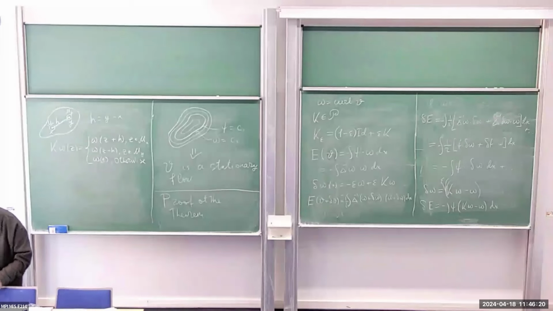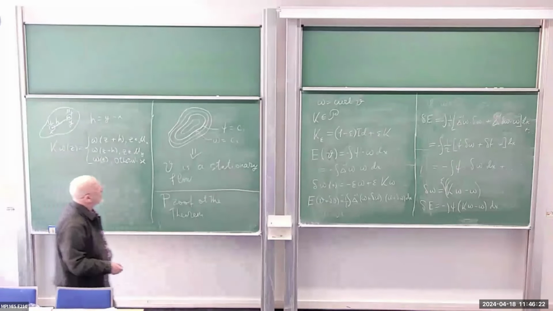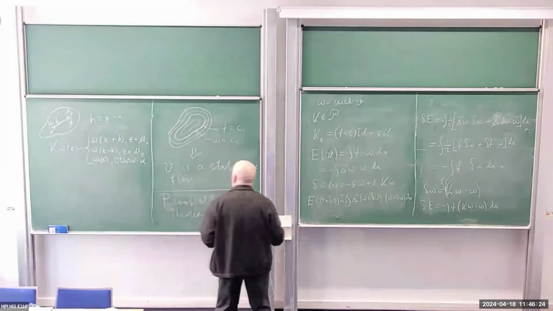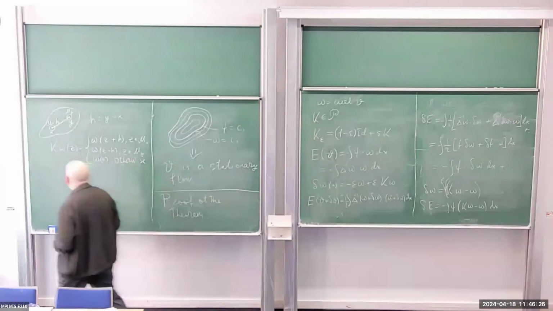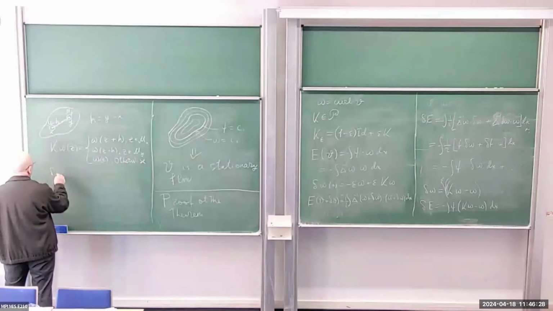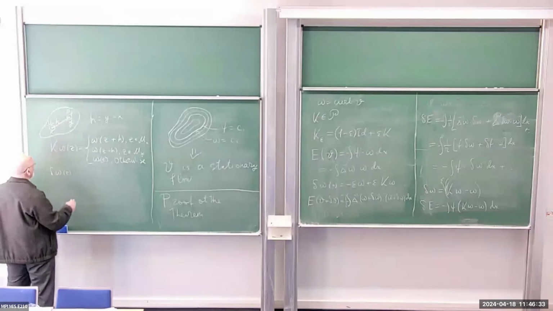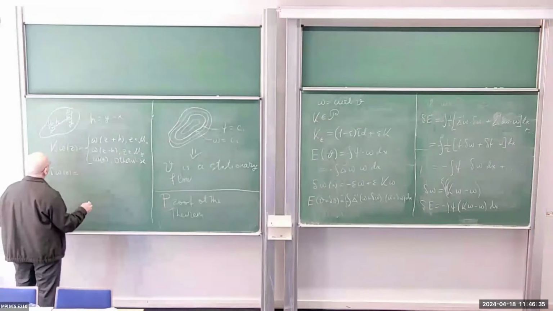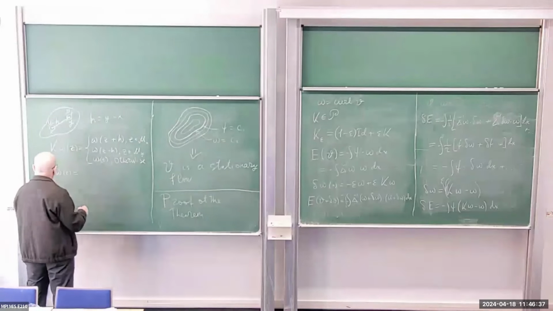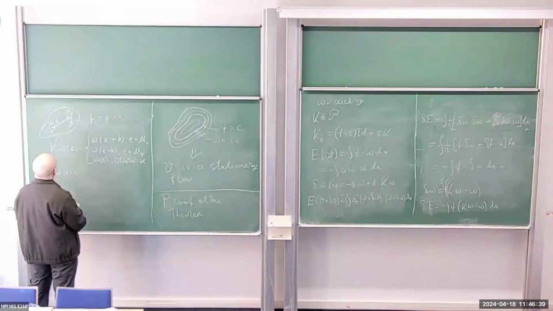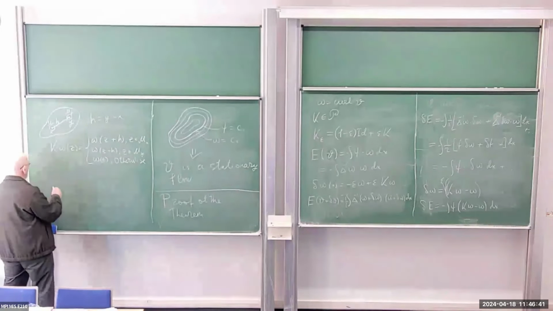Okay. So now what is delta omega? Delta omega of Z equals, let me do it step by step.